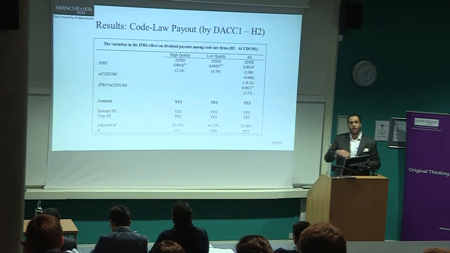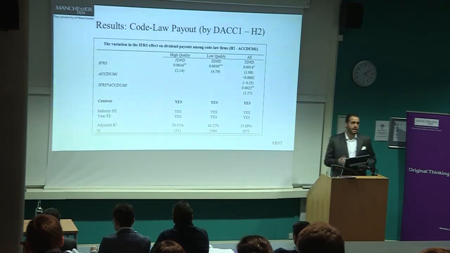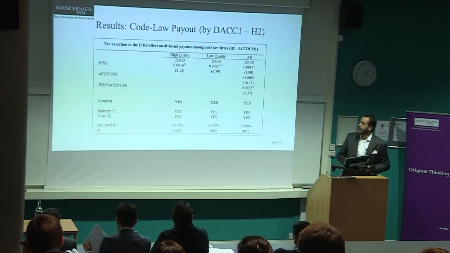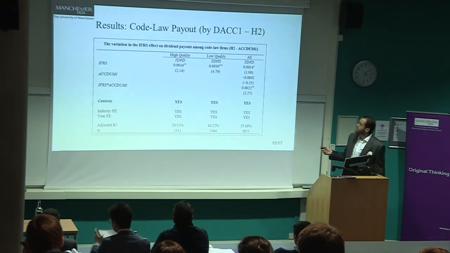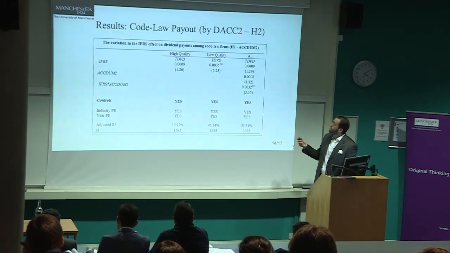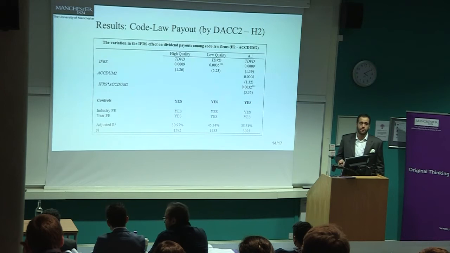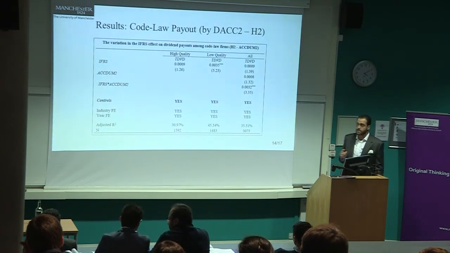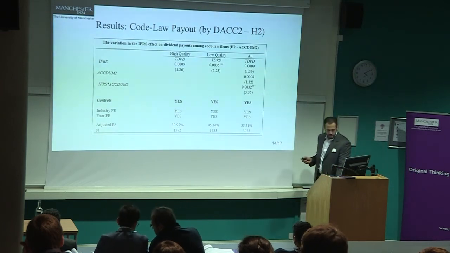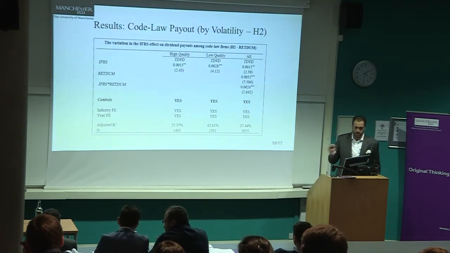So those who fall above the median of the sample are categorized as low accounting quality, and below the median as high accounting quality. The second one is the mapping of cash flow into accruals, which is Dechow and Dichev 2002. And the third one is the stock return volatility over the year.